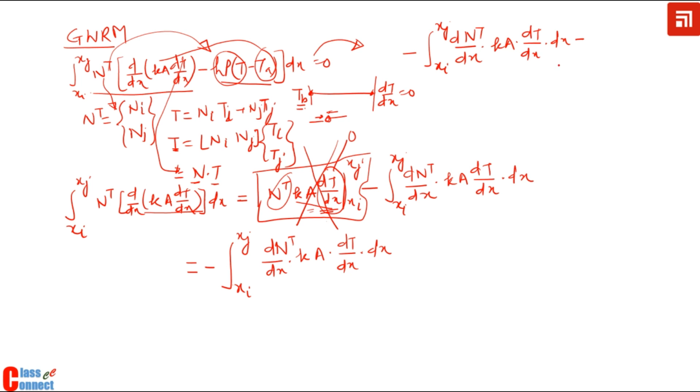So I will get minus the integral from xi to xj of N transpose h P T dx, and this minus and this minus will become plus, so it is plus the integral from xi to xj of N transpose multiplied by h P T infinity, that is equal to 0.